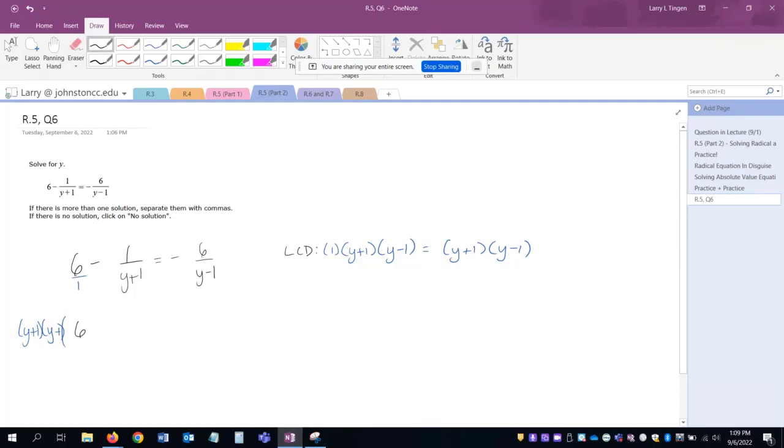So if I distribute y plus 1 times y minus 1 to the problem, minus 1 over y plus 1 equals negative 6 over y minus 1, whoopsie, times the LCD.